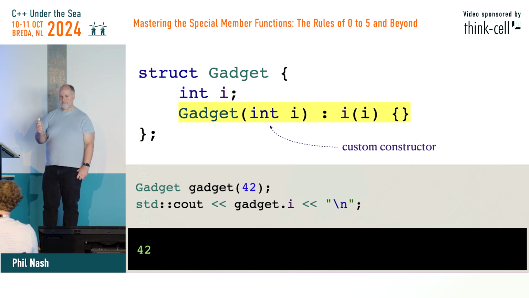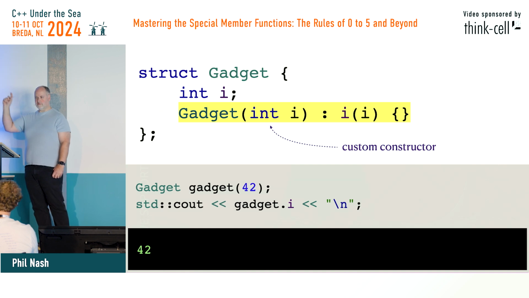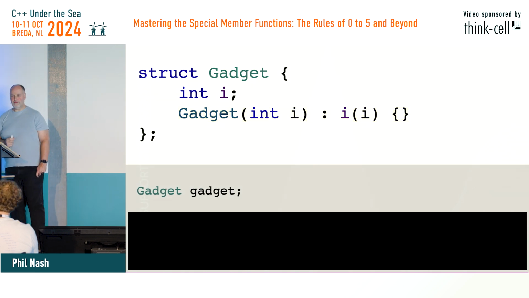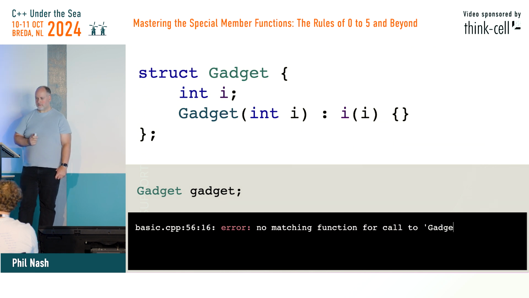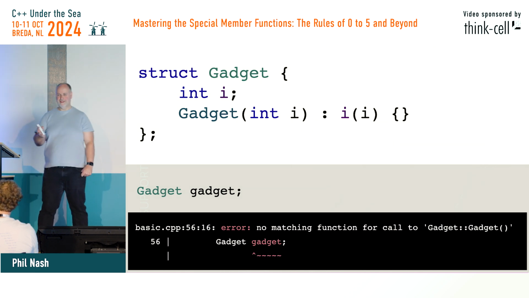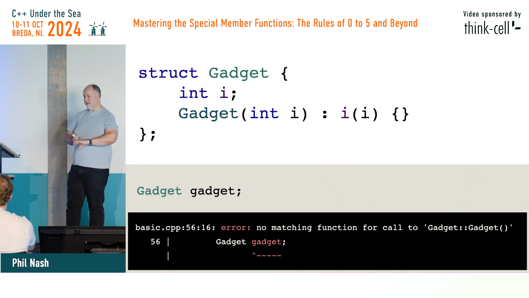But having done that, having added this custom constructor, so that grayed out box from our list, if we try to default construct our gadget now, that doesn't work, which is probably what we wanted. We're saying we can now only construct this with an explicit integer.